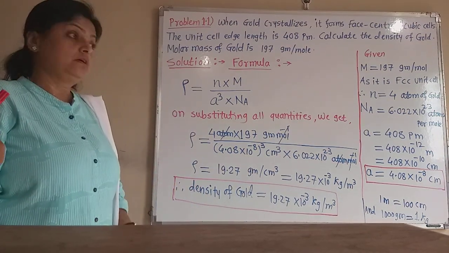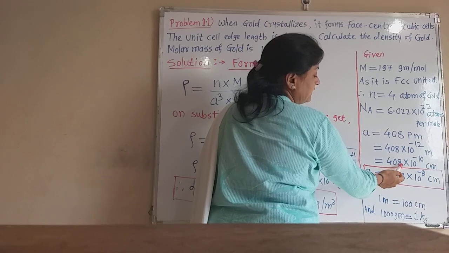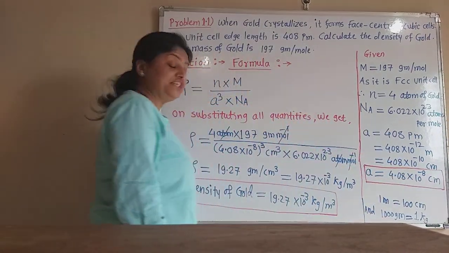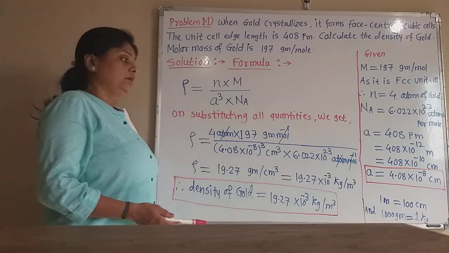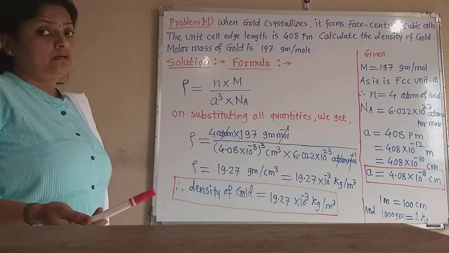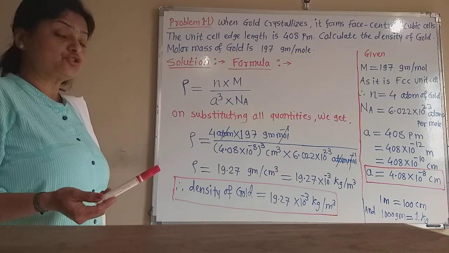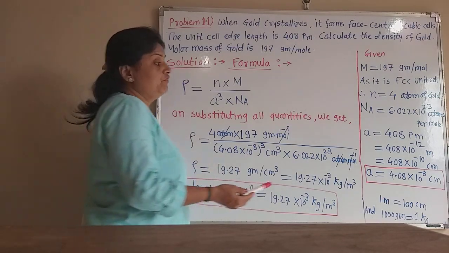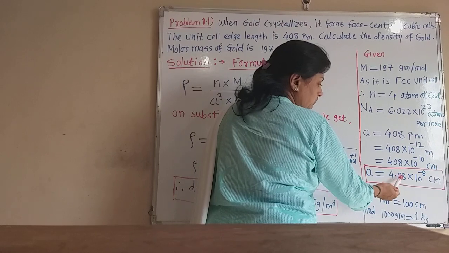Now a is equal to 408 into 10 raised to minus 10 centimeter. Now if we give the point after the 4, that means we are again multiplying by 100, two places.